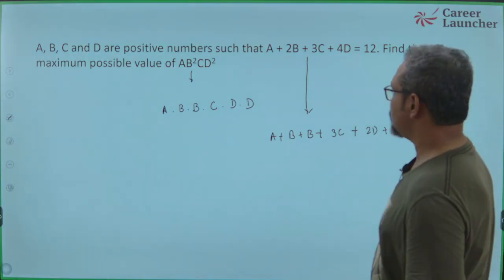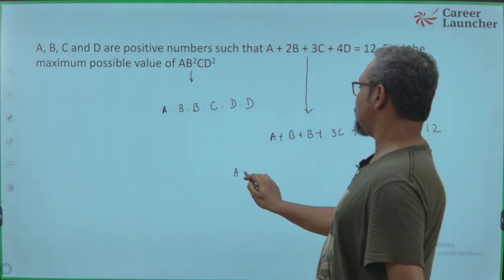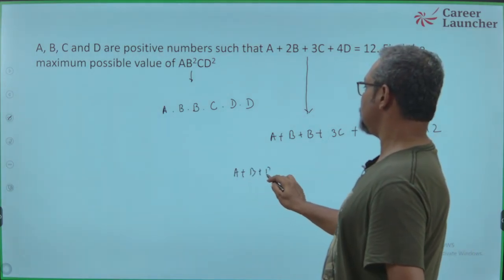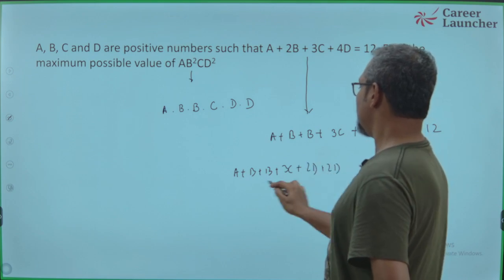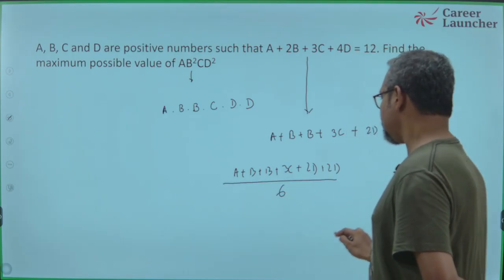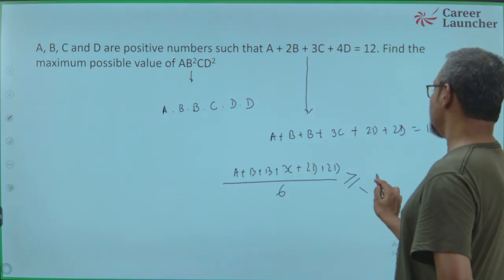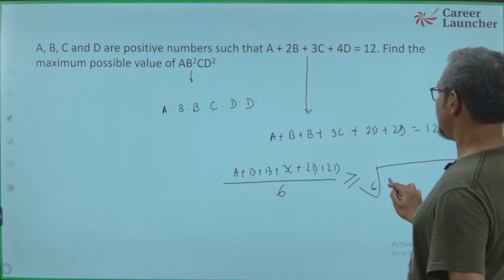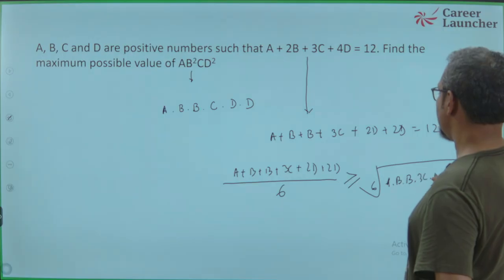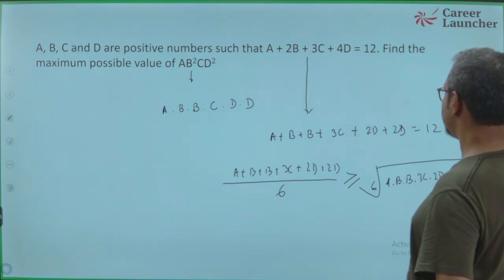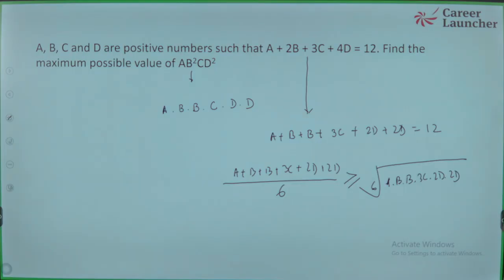So now we use the AM-GM inequality. So (a plus b plus b plus 3c plus 2d plus 2d) divided by 6 is greater than or equal to the sixth root of a times b times b times 3c times 2d times 2d. Right?